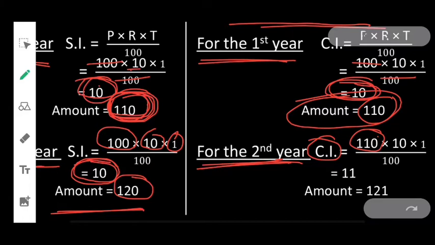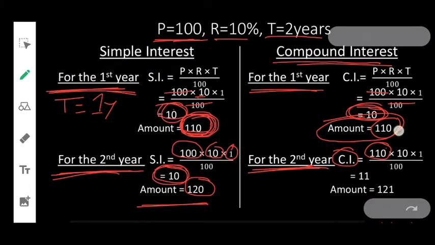That is the only difference. We have taken the amount at the end of first year as the principal value for the second year. So 110 into 10 into 1 by 100. So 0 will be cancelled here. 11 into 1, that is 11. That is the compound interest for the second year.